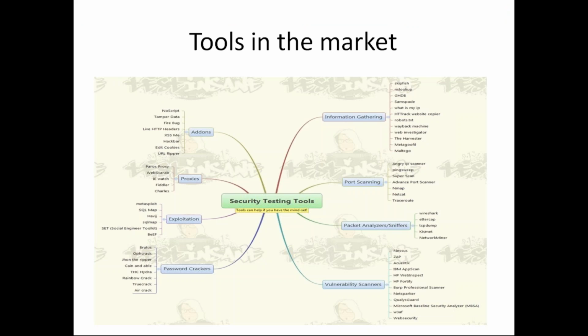In the market, based on the type of security testing, we have a lot of applications. For information gathering, we have Skipfish, Maltego, and Robo. All these are information gathering tools, which will help you know the system flow.